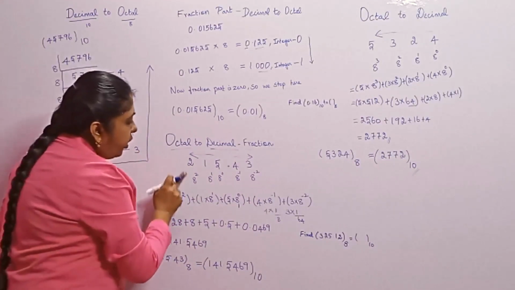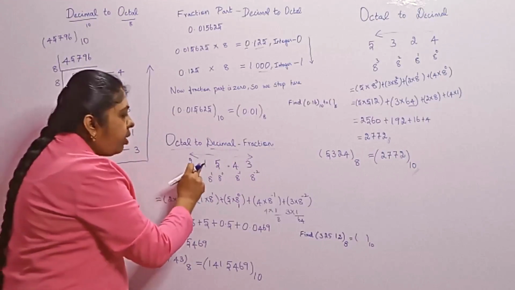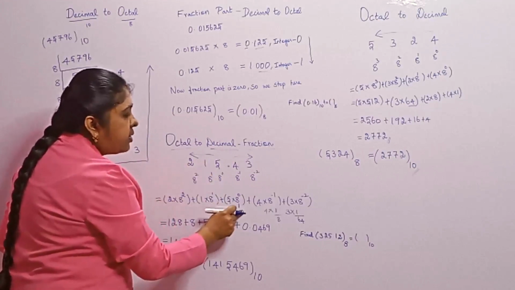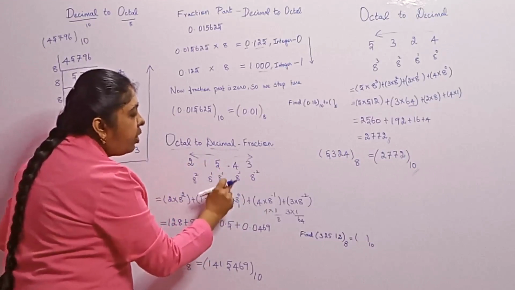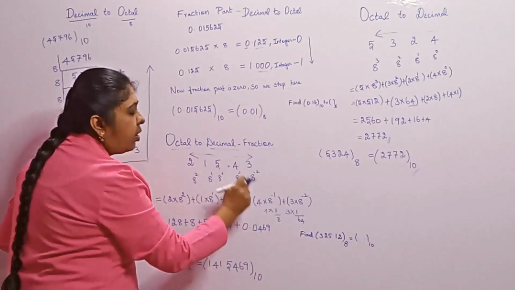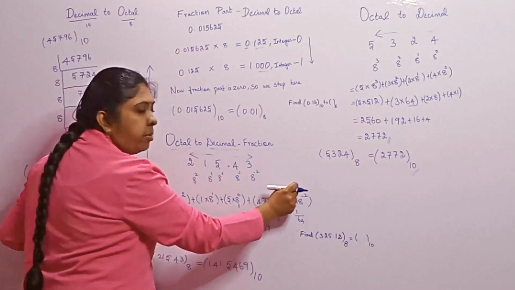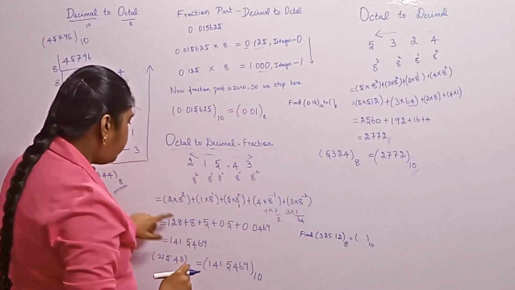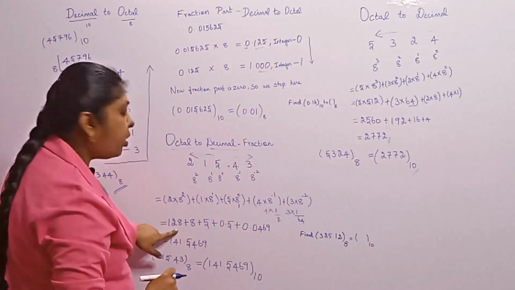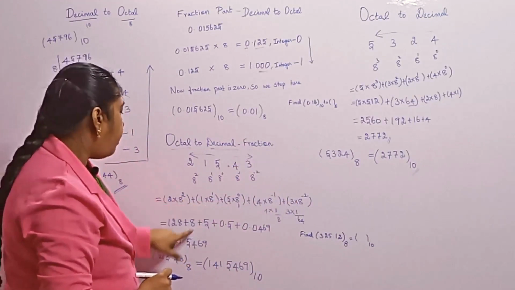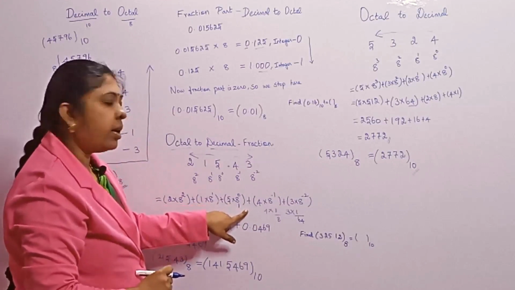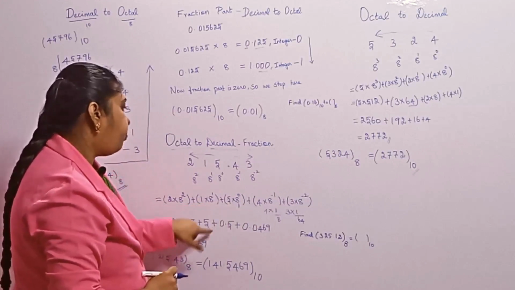So 2 into 8 power 2 plus 1 into 8 power 1 plus 5 into 8 power 0 plus 4 into 8 power minus 1 plus 3 into 8 power minus 2. 2 into 8 power 2, which is 64, gives 128. 1 into 8 power 1 is 8. 5 into 8 power 0, which represents 1, is 5.